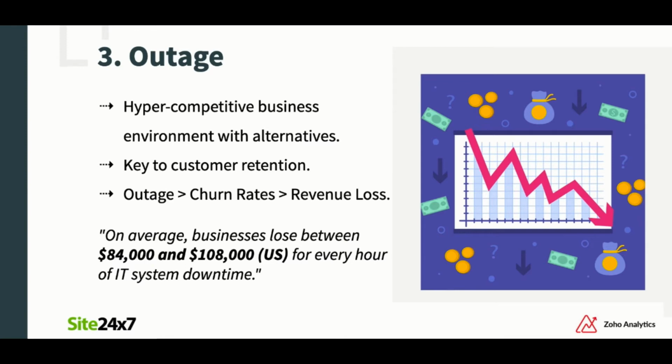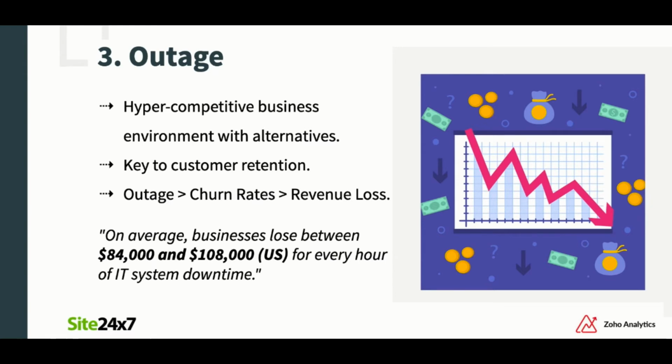By maintaining a high outage rate, your businesses can experience high churn rates, and that can impact your revenues. Now, the IT analyst firms across the globe estimate that on an average, businesses lose anywhere between $84,000 to $108,000 for every hour of IT system downtime.